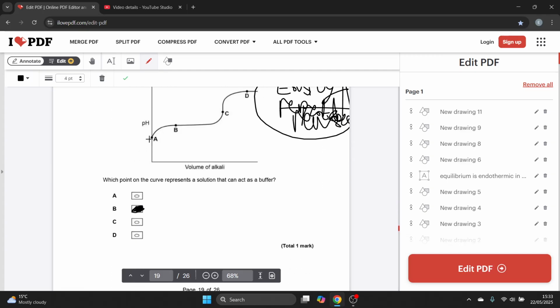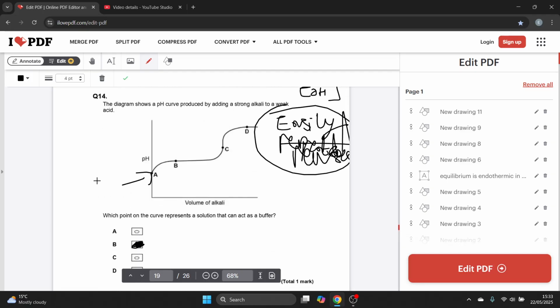So with point A, this is the pure weak acid. This is when we've added 0 amount of alkali. So it's a pure weak acid, and we know it's a weak acid because it tells us in the question. Then with B, this is before the steep rise, and this is called the buffer region, and therefore it is buffer.